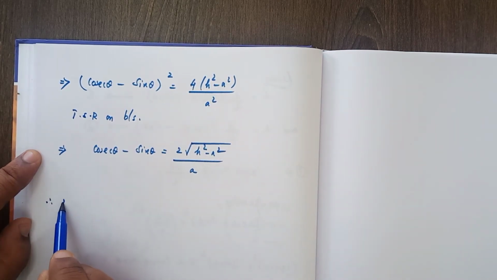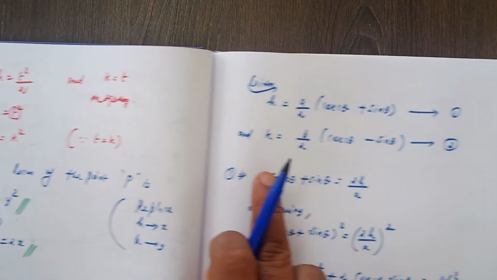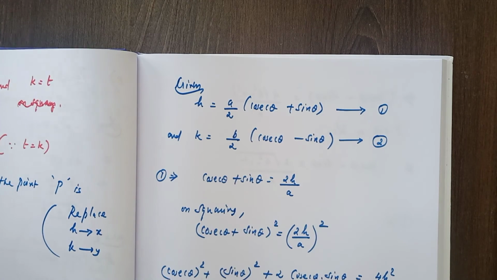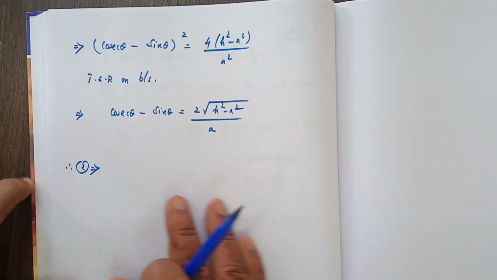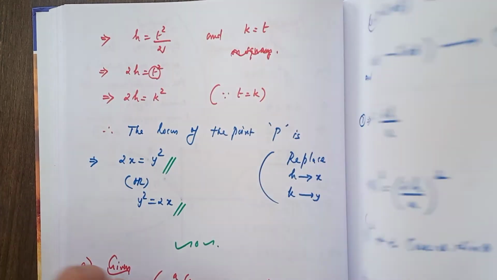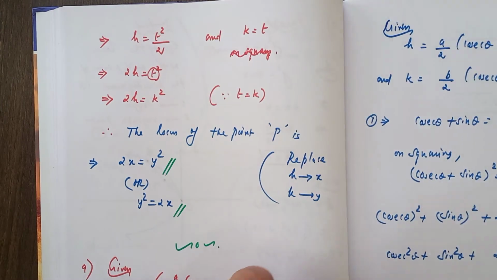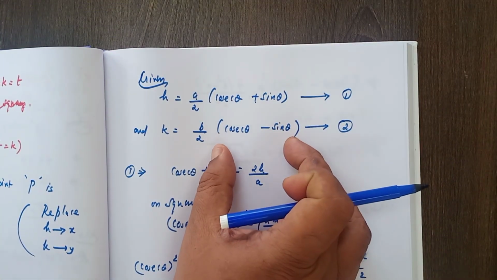Now equation 2 implies, look at equation number 2, k is equal to b by 2 into, what is here? Cosecant theta minus sine theta.